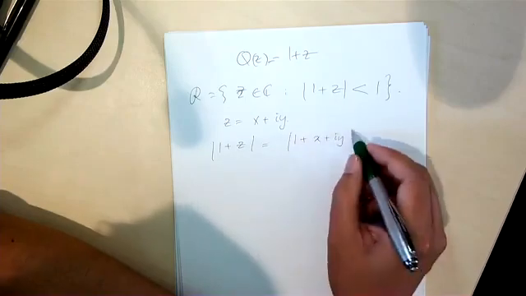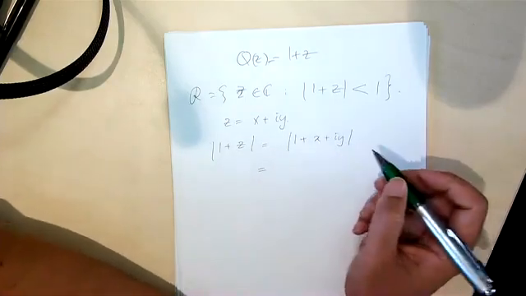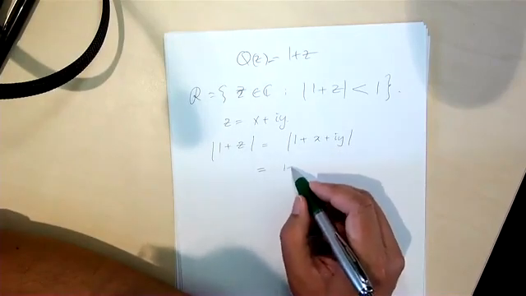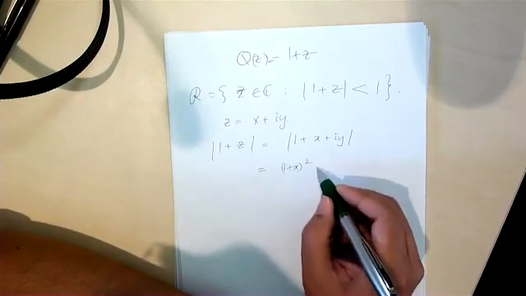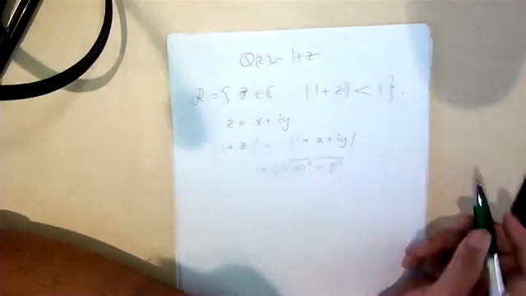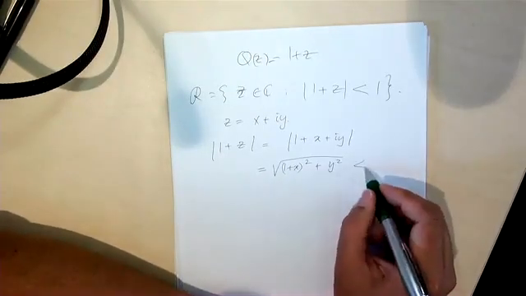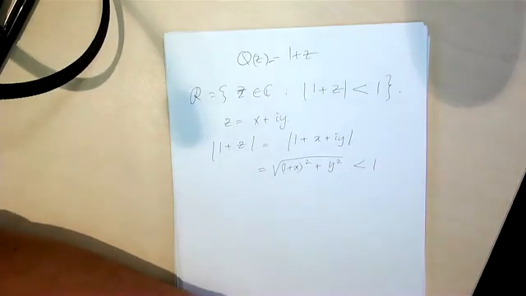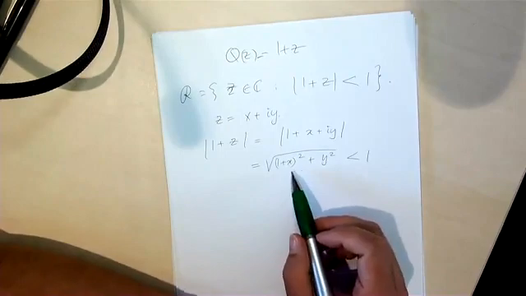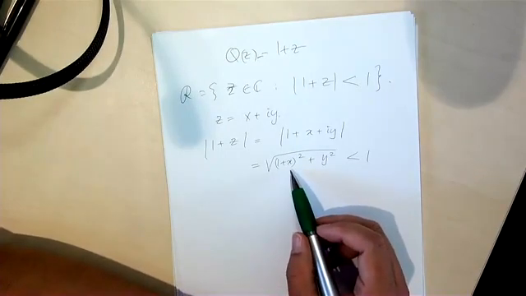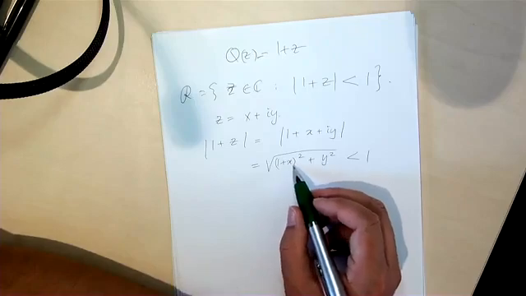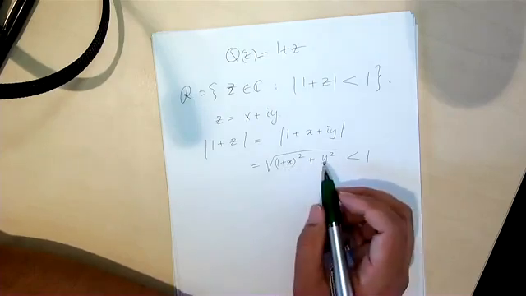And the absolute value of a complex number is the square root of the real part, 1 plus x squared, plus the imaginary part, y squared, less than 1. Okay? And if you remember, this one is just the equation of a circle, centered at minus 1, 0.